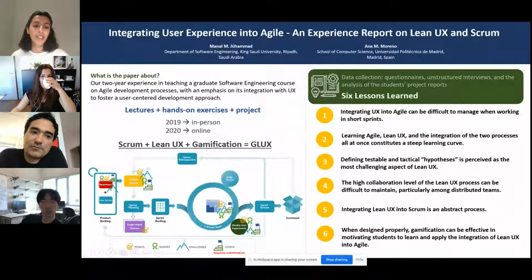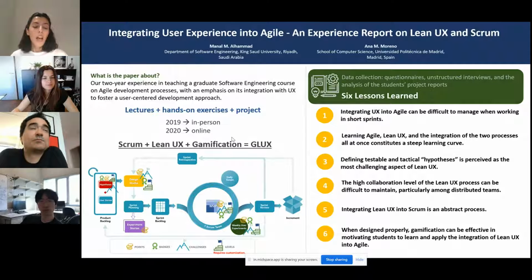Gamification is here because we added it based on the premise that gamification can improve student engagement and motivation in software engineering education, and in software engineering in general. This is also discussed in the paper. We chose Lean UX as a UX process to integrate with Scrum because it offers an iterative approach of designing user experience, and Scrum because it's the most adopted Agile framework based on reports in the industry.